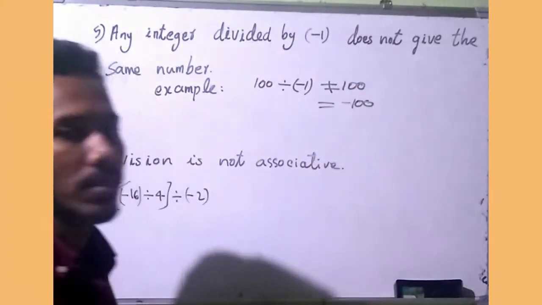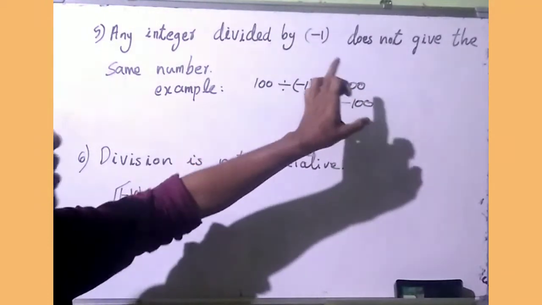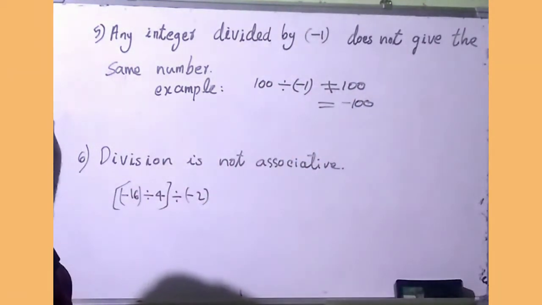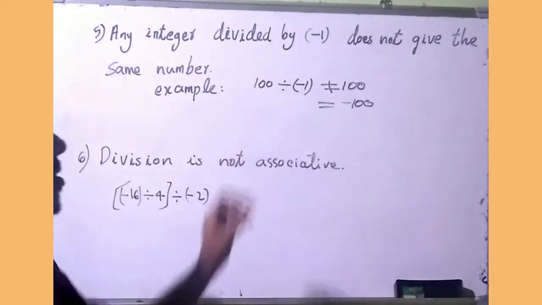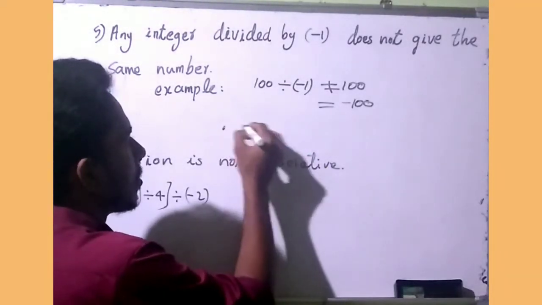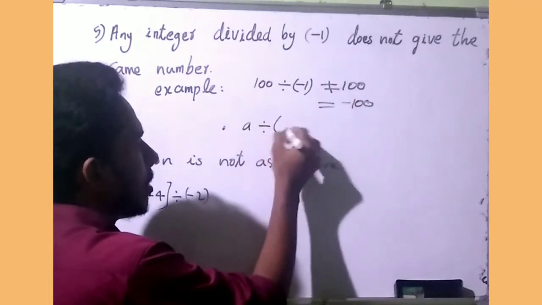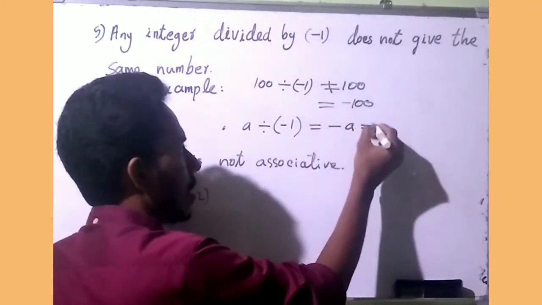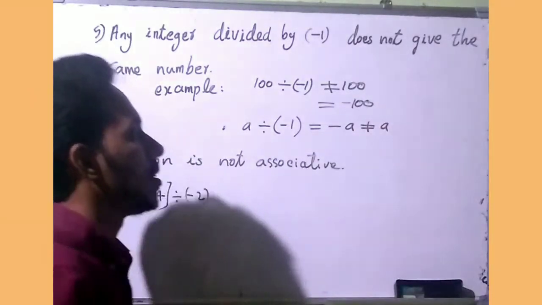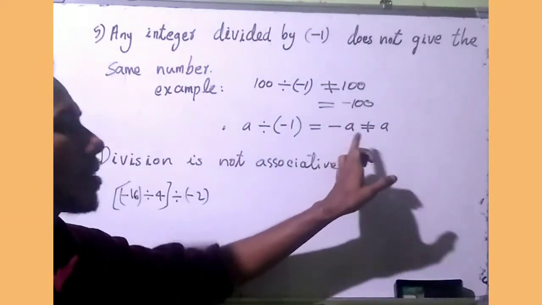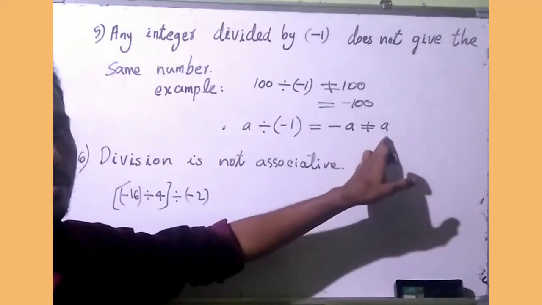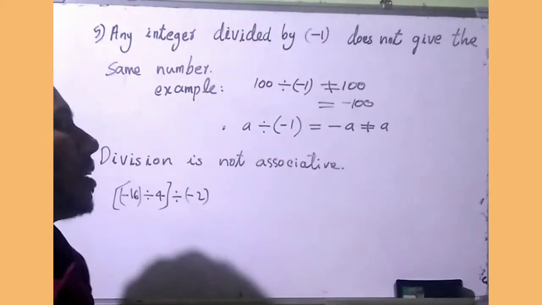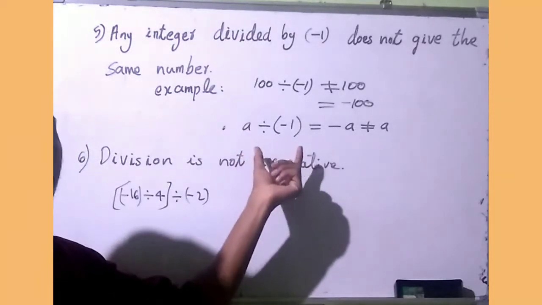It does not give the same value. That means A divided by -1 is equal to -A, not equal to A. We cannot get the same answer. It gives the negative of the number.